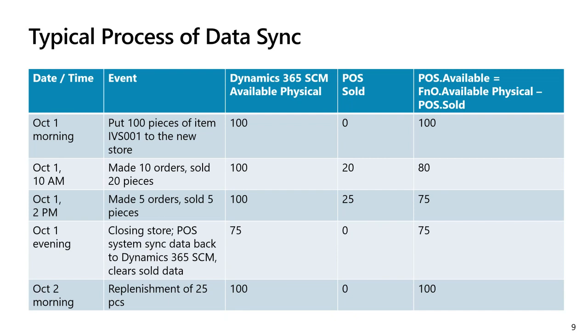And secondly, the POS system is in charge of resetting the POS sold quantity data in the inventory visibility service so that it would know there are 75 remaining to be sold. And in the beginning of the second day, the operators decide to make a replenishment of 25 pieces. So it begins with 100 pieces again, as it did yesterday.